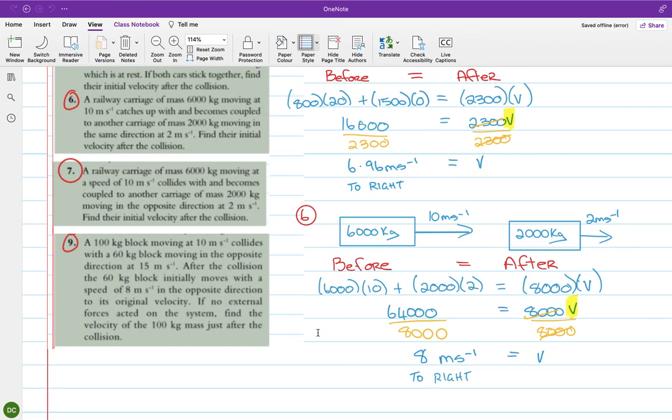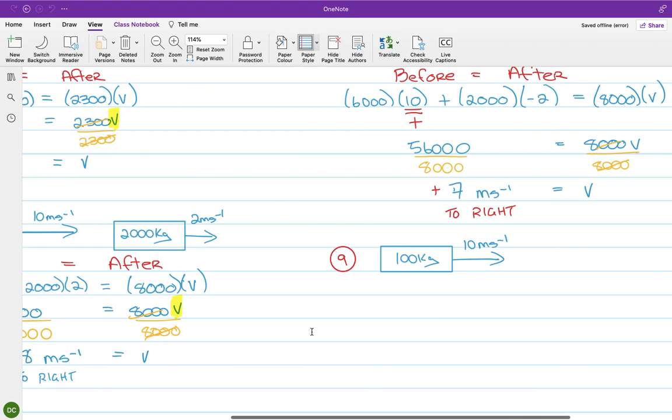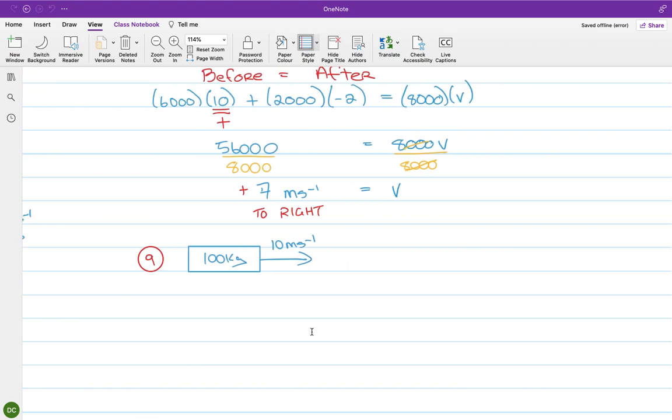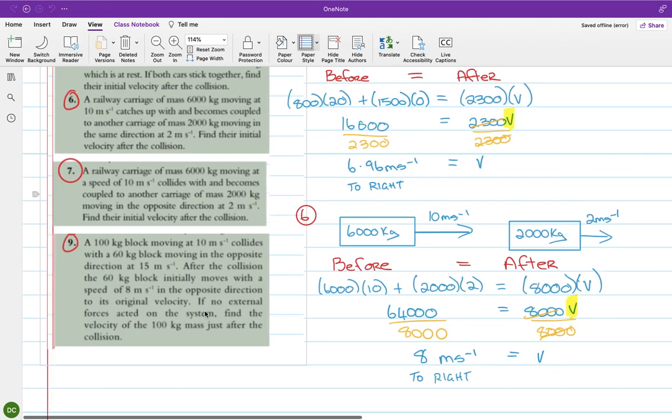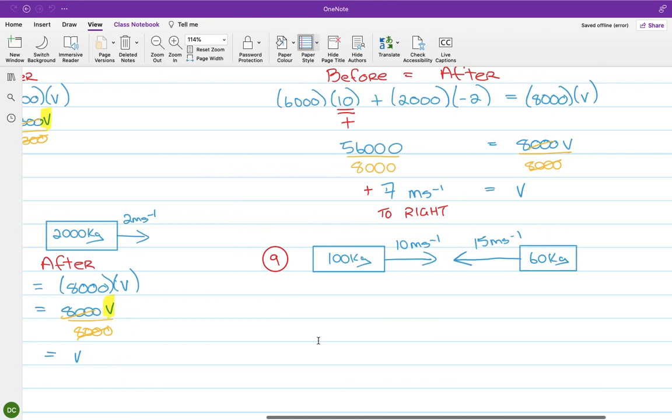It collides with a 60 kilogram block moving in the opposite direction at 15 meters per second. After the collision, the 60 kilogram block initially moves with a speed of 8 meters per second in the opposite direction to its original velocity.